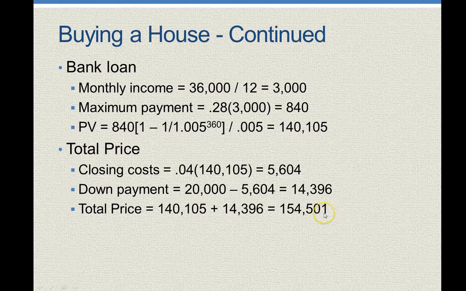Right, that's the most likely case. So from this example, you can probably better understand that by using the knowledge of the time value of money, and particularly the present value of annuity, we can determine the maximum price we can offer for our house.